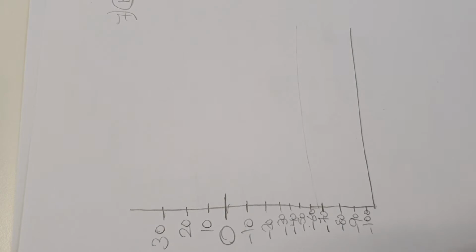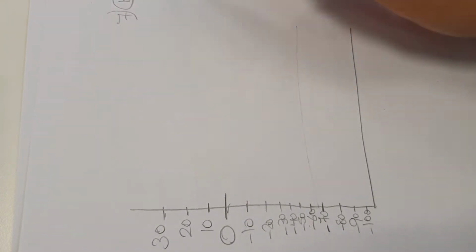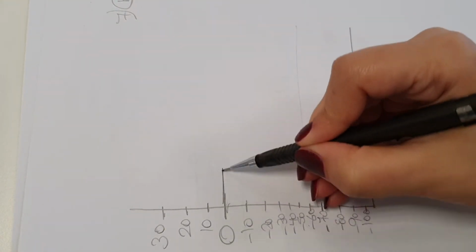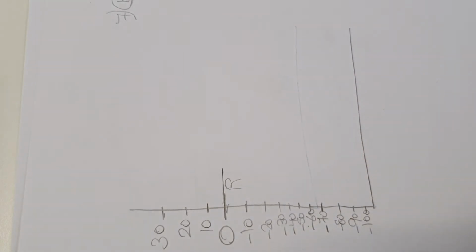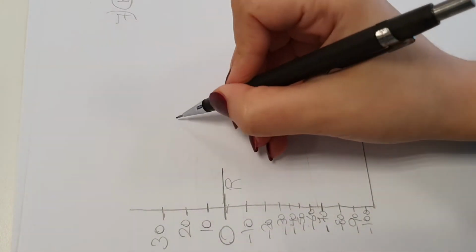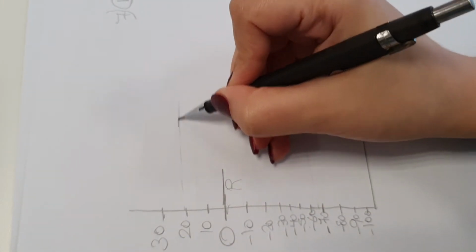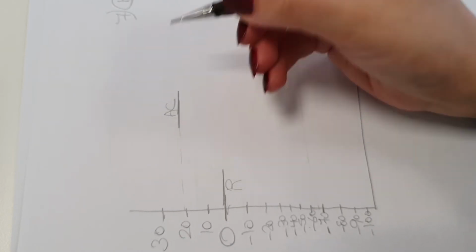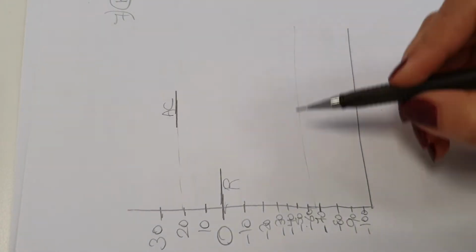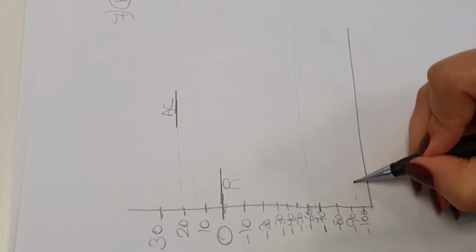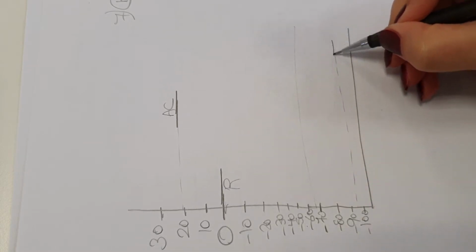The energy of the reactants equals 0, so the reactants are here. The activated complex equals 20, so it is here. The products are negative 95, so it is almost here.